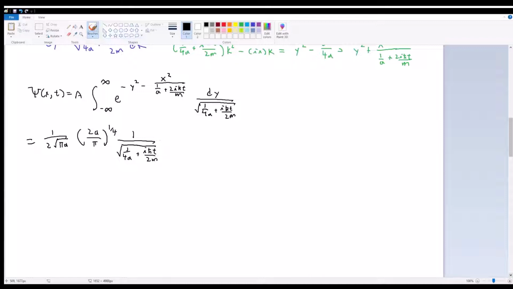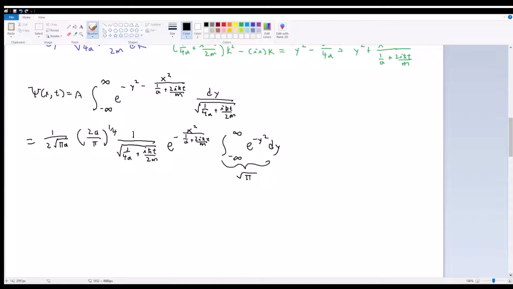And then what do we have? We have this extra exponential, e to the power of negative x squared over 1 over a plus 2i h bar t over m. And then we have our integral from negative infinity to infinity of e to the negative y squared dy. This is a Gaussian integral, which just equals the square root of pi.